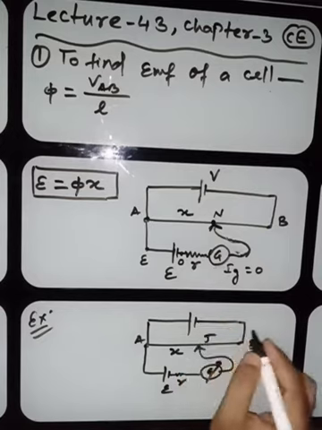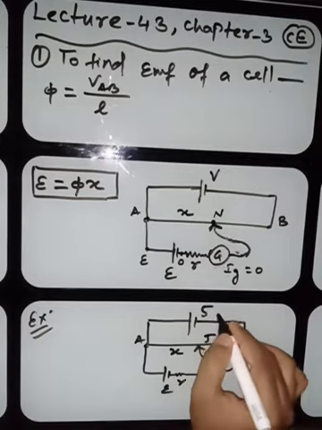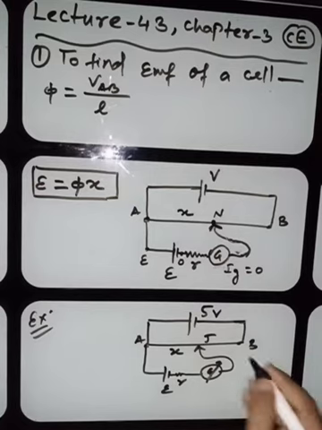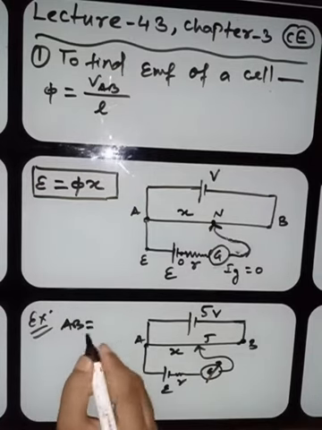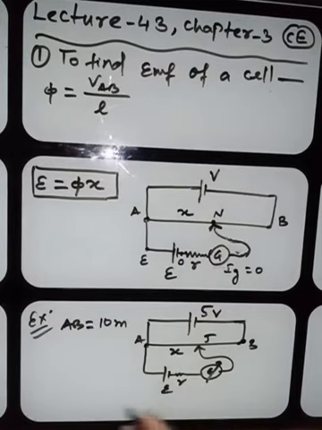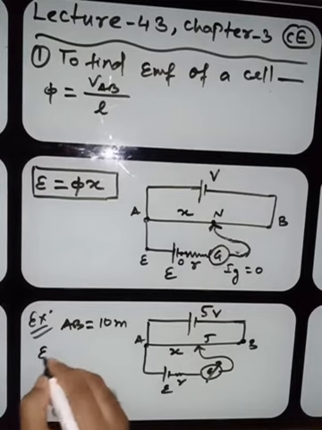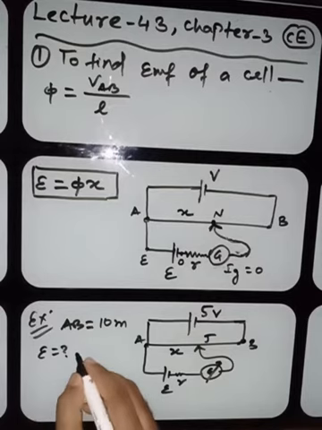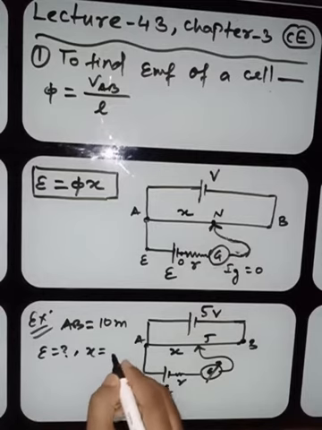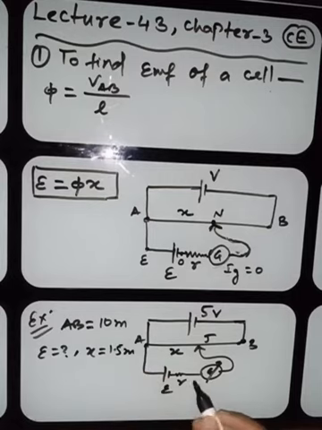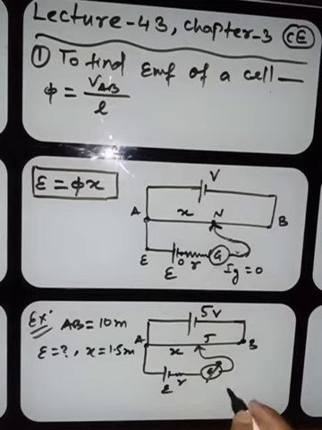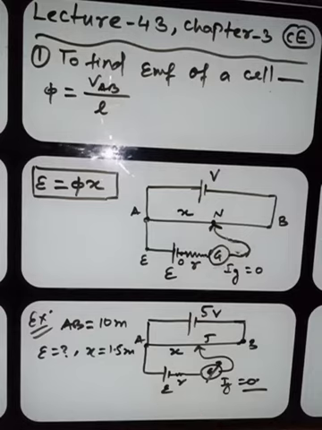Now the question: the driving cell has a potential of 5 volt, listen carefully, and the length AB is 10 meter. You have to find the value of E. If X is 1.5 meter, and at 1.5 meter you find Ig as 0, then what will be the value of E? Remember. Try to solve.